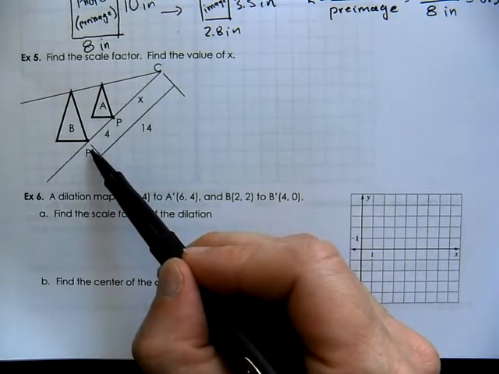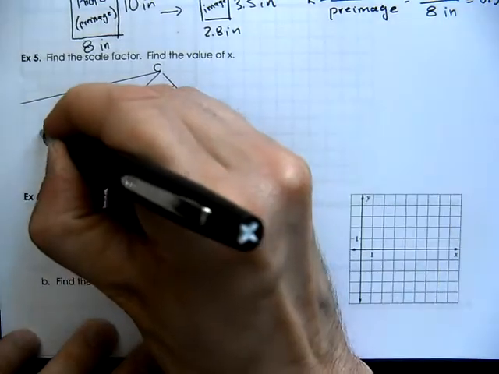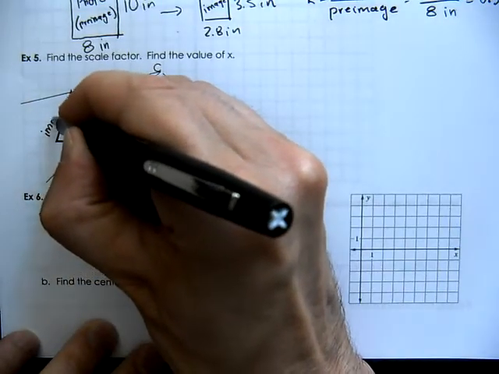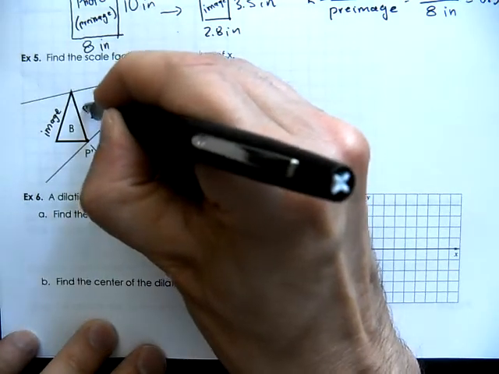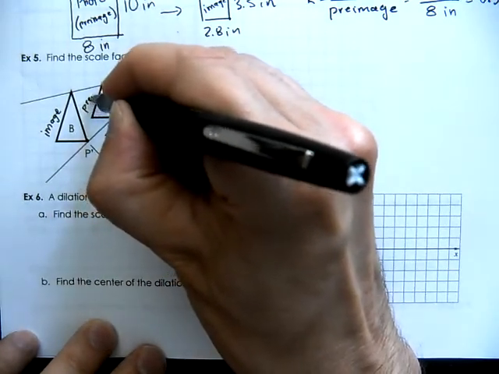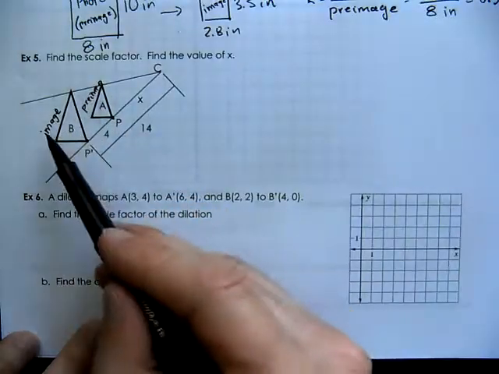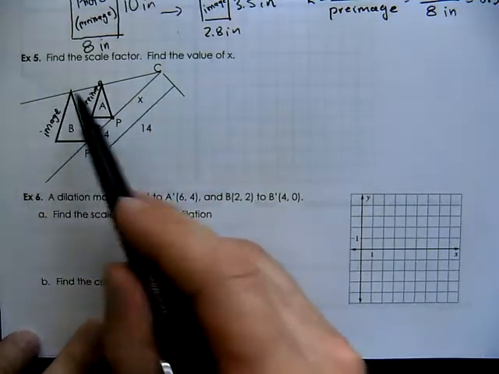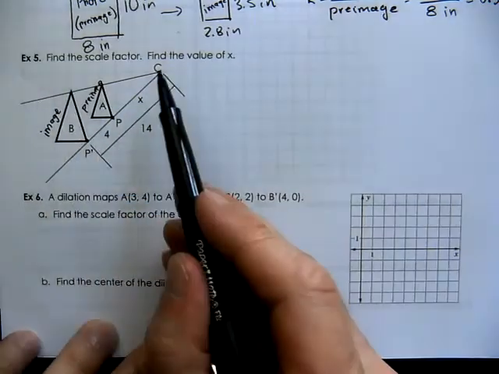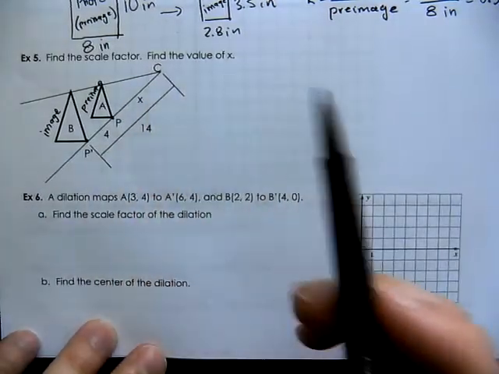There's the prime notation, so that's how I know this triangle B is the image, and triangle A is the preimage. So if you compare the preimage to the image, you can see it got bigger. So our scale factor is definitely bigger than 1. What we want to do is find the scale factor, and we'll also find the value of x.